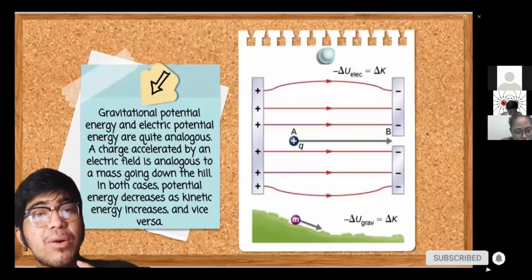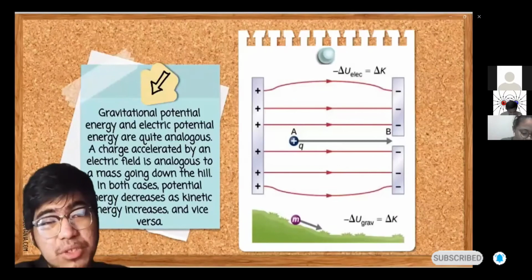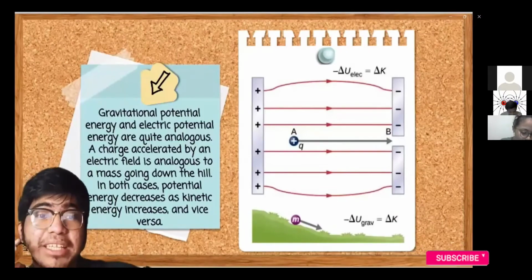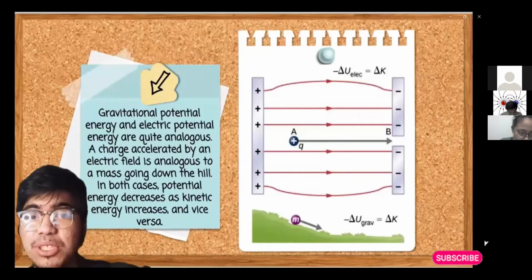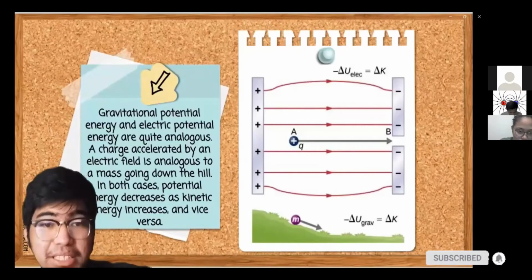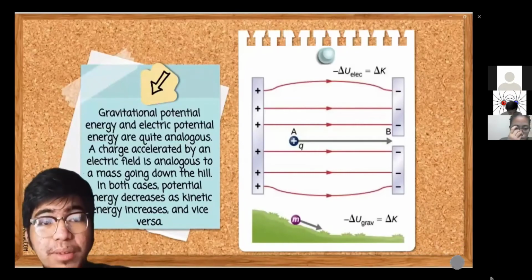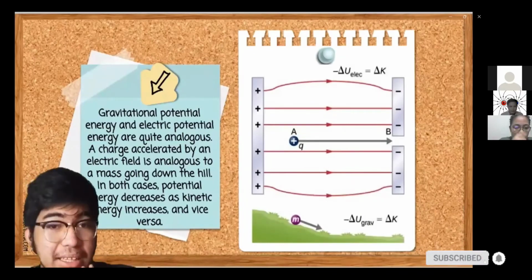So, when a free positive charge Q is accelerated by an electric field, it is given kinetic energy. Makikita mo siya sa picture, the positive charge, yung blue na ball, going to the negative plate.